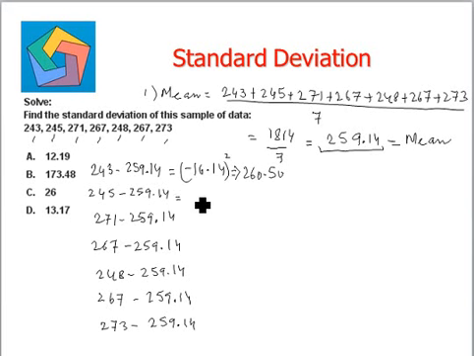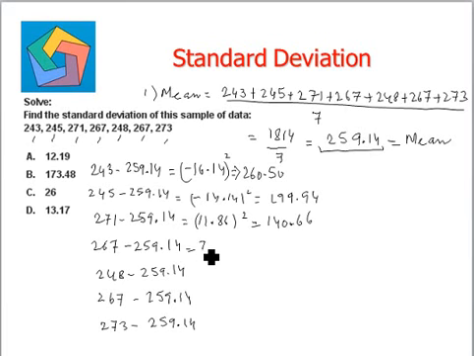Similarly, we work out for all the numbers and then square them, and with the help of the calculator we'll find out all these values. This is equal to 7.86. Then we square it and we get 61.78. 248 minus 259.14 will give us negative 11.14.